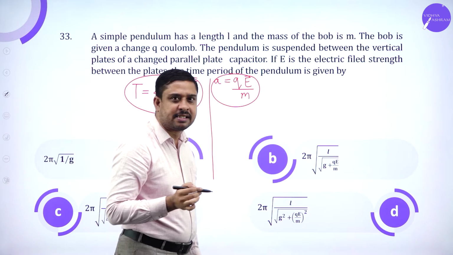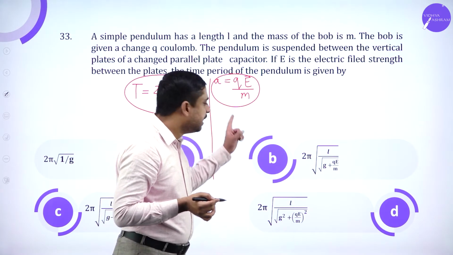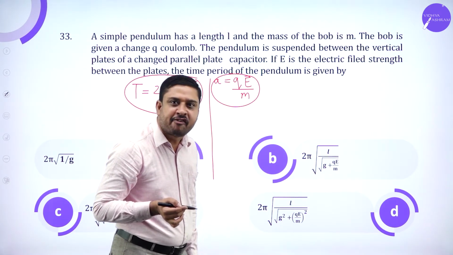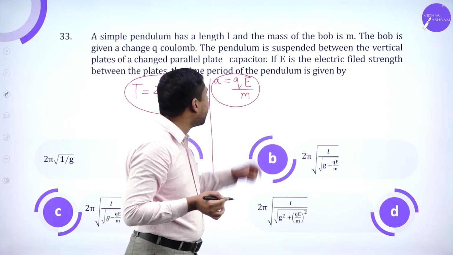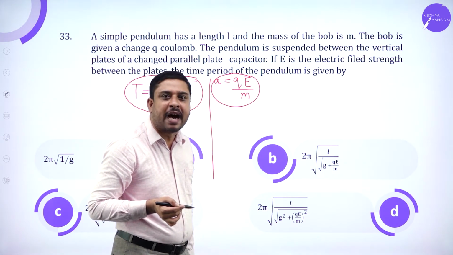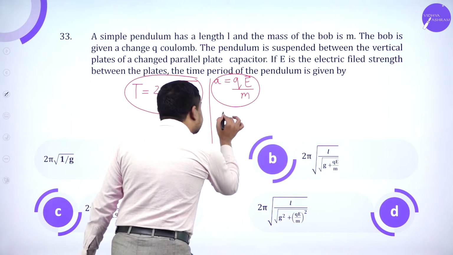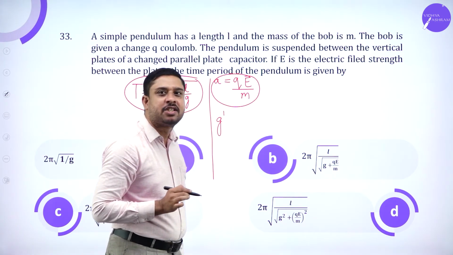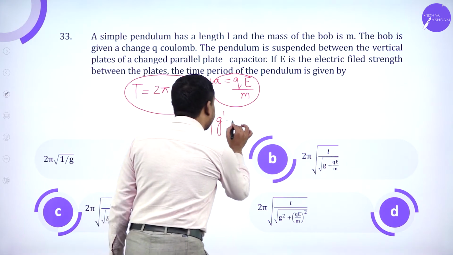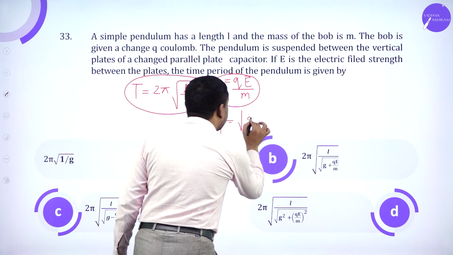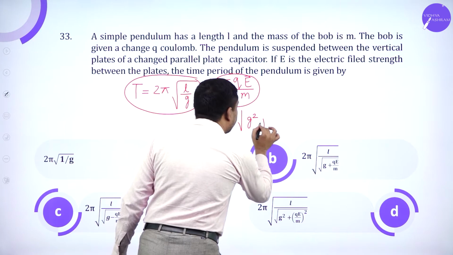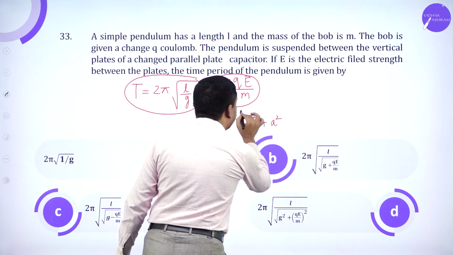F is nothing but, or A is F by M, so A is QE divided by M, which means the resultant acceleration is root of G square plus A square.